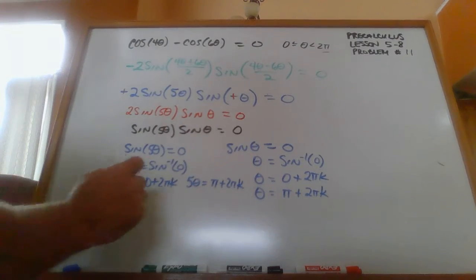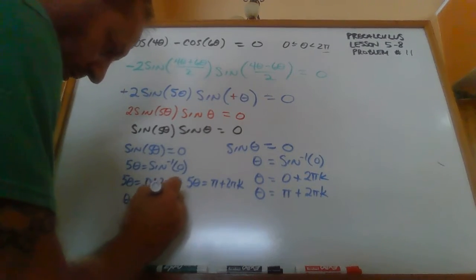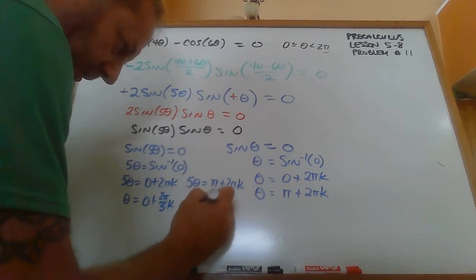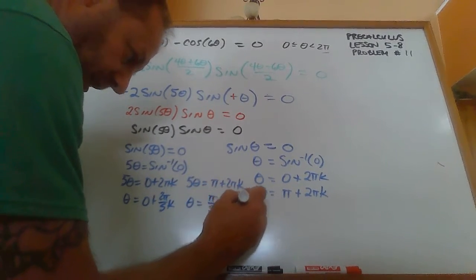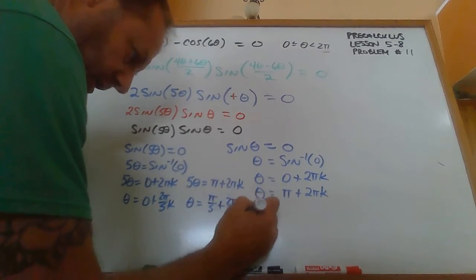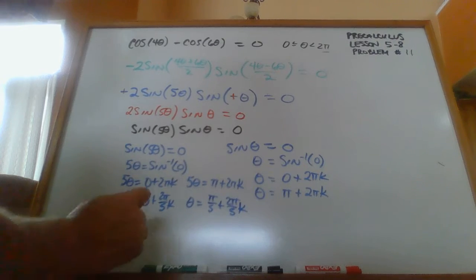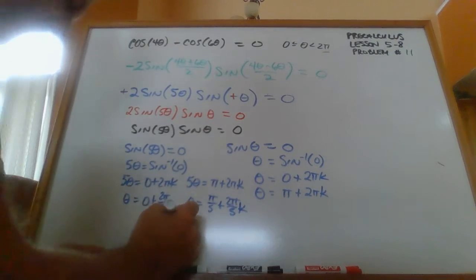Okay, so then I'm going to divide everything by 5 here, so theta is going to be 0 plus 2 pi over 5 k, and theta is going to equal pi over 5 plus 2 pi over 5 k. And now I can get my solutions. So theta is going to equal 0.